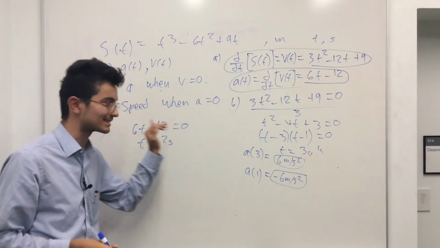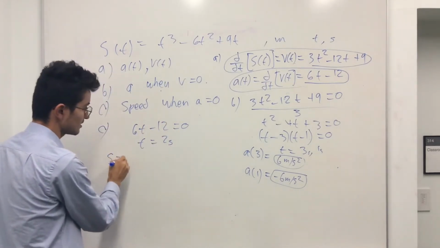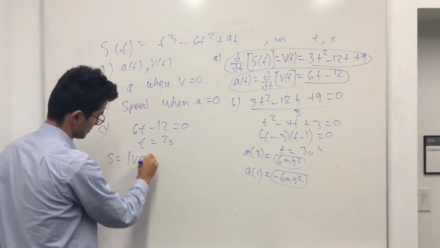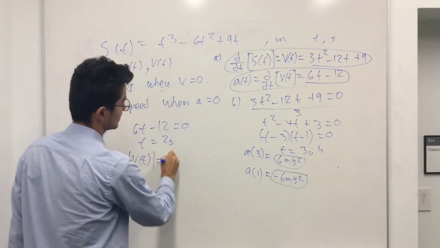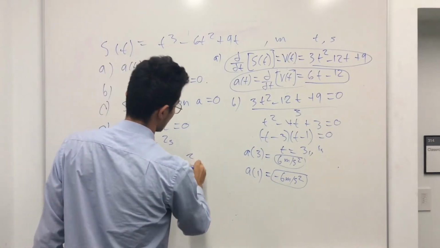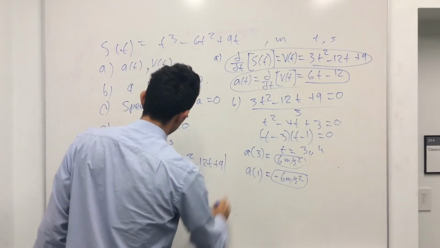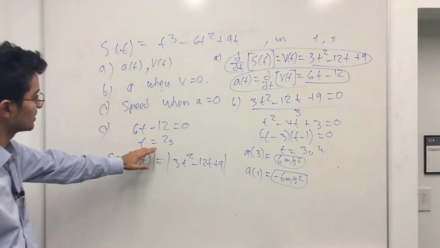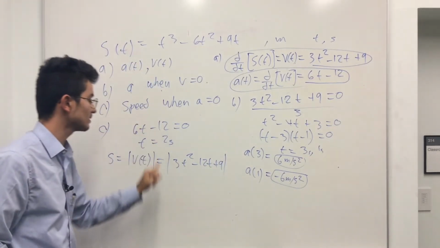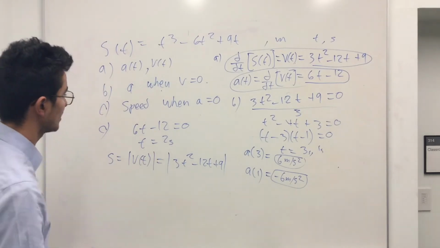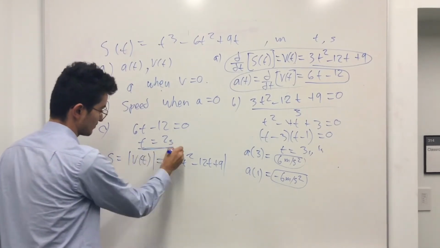But in this case, the definition of the speed is the magnitude of the velocity function, or the absolute value of it, which is just the absolute value of 3t squared minus 12t plus 9. So we find the speed when the acceleration is equal to 0 by plugging in the time that we found.